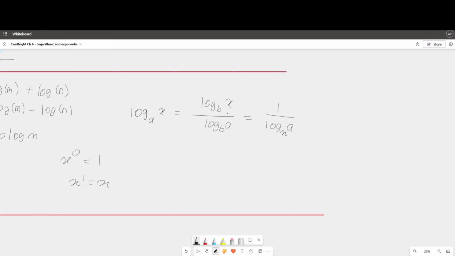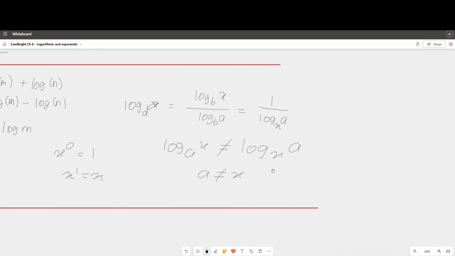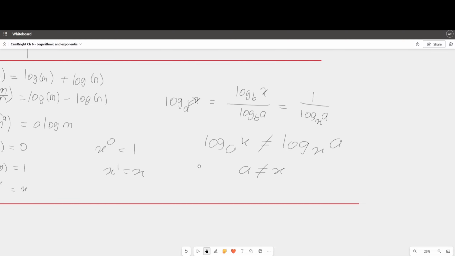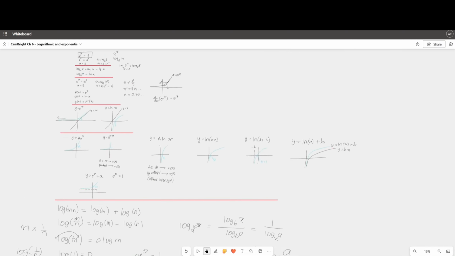The thing you can just straight up do is switch these two around. So a goes in place of x, x comes in place of a, to give you 1 over log base a of x. Obviously log base a of x cannot equal log base x of a as long as a does not equal x. So that's about it for this chapter.